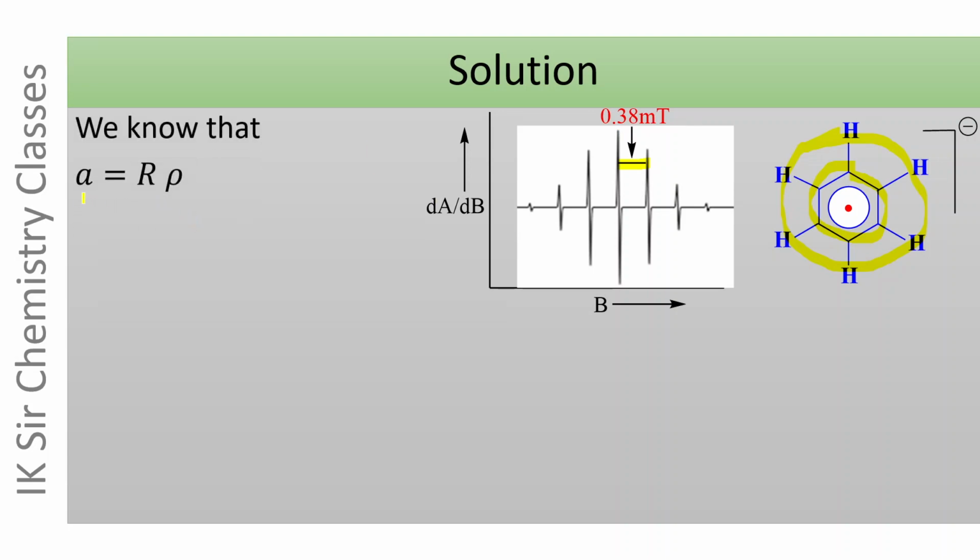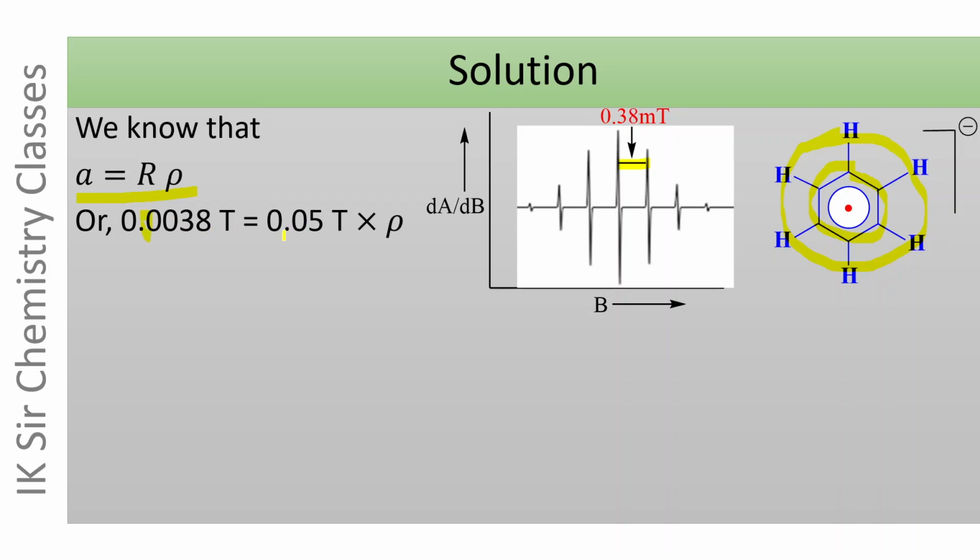We know that A is equal to R into rho. Here A is 0.38 millitesla, that is 0.00038 Tesla.